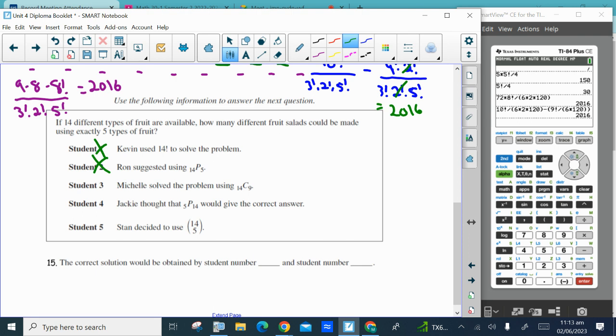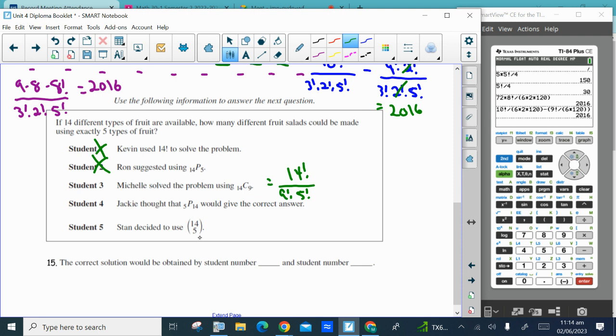Michelle said 14C9. Is that correct? Don't think so? Well, if we use the combination formula, 14C9 means 14 factorial over 9 factorial, 5 factorial. What do you think the correct answer would be? 14C5, which is what this means.